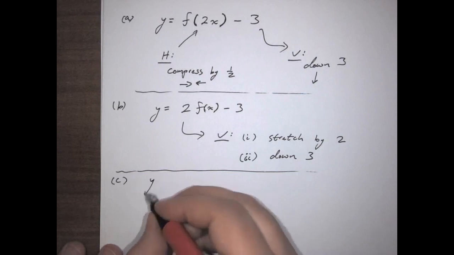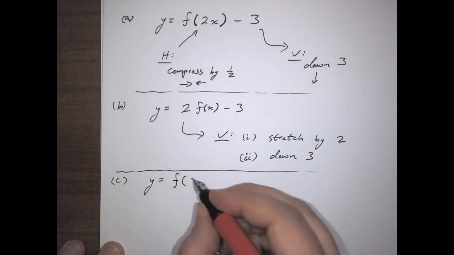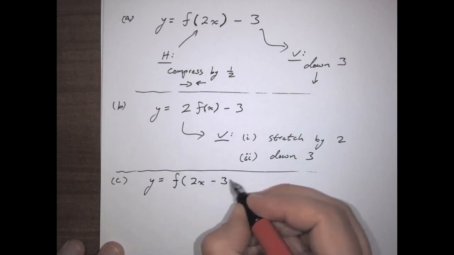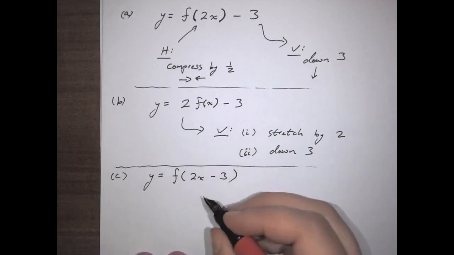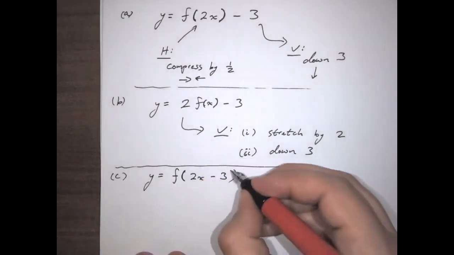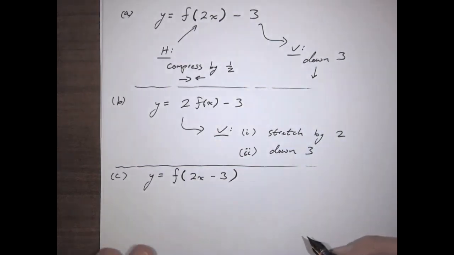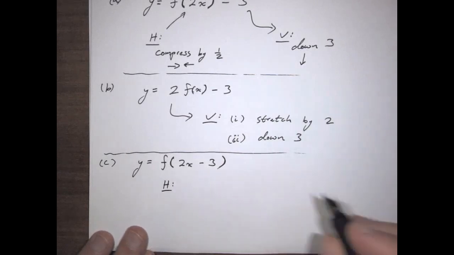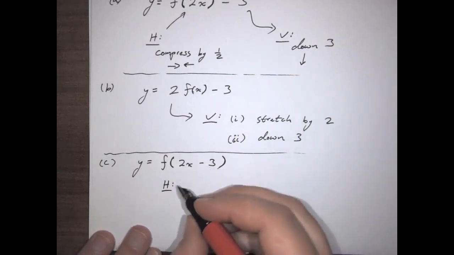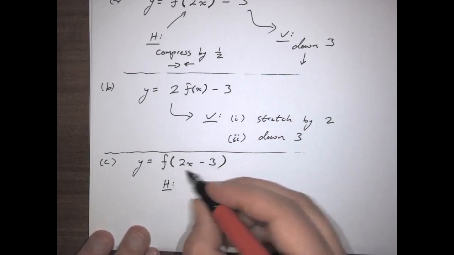Now as a third example, let's say what we had was f of 2x minus 3. So now everything is happening inside these parentheses, and so we have only horizontal games being played here. So we are going to have to work our way from the outside in.